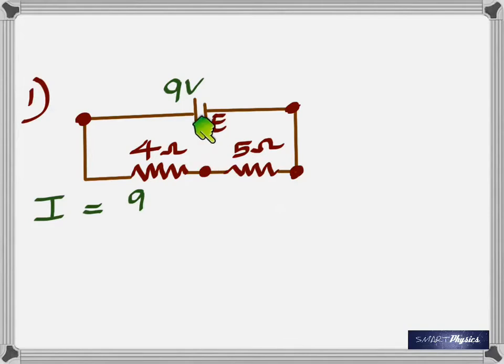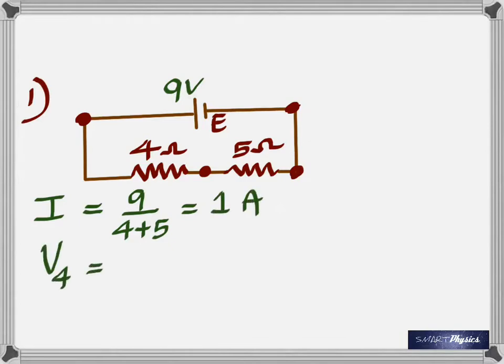So if you take a connection from these 2 points, if you tap it off from 1 and 2, the voltage drop across this is going to be 4 volts. And if you tap the connection between these 2 points, then it's going to be 5 volts. And the reason is because the total resistance is 9 ohms, and therefore the current is 1 ampere.